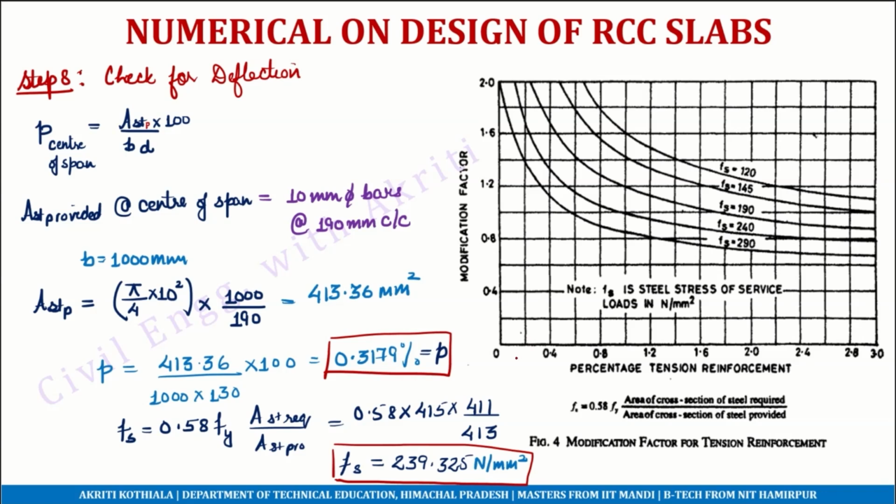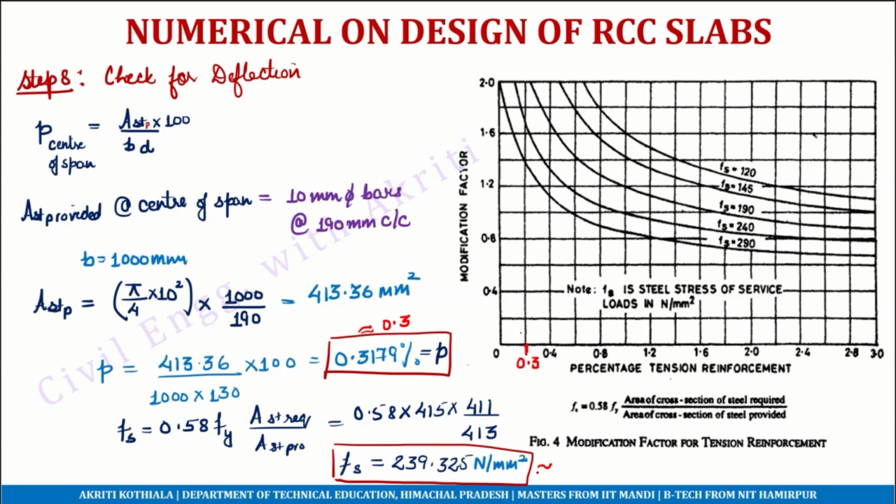Now from the following figure, that is figure 4, we can calculate the modification factor for tension reinforcement, that is KT, which we consider. So KT can be simply calculated using this figure. Let's say we have the percentage of steel equivalent to 0.3, because this will make it easier. So 0.3 will fall somewhere here. This is 0.3, and the Fs value is 239.325.